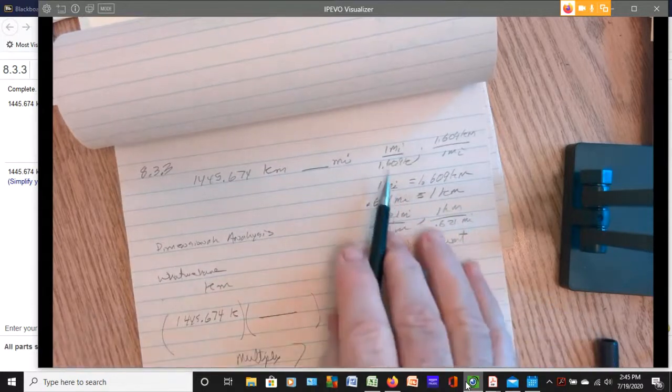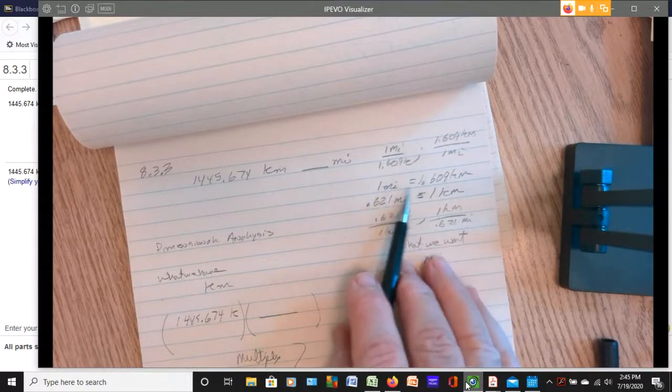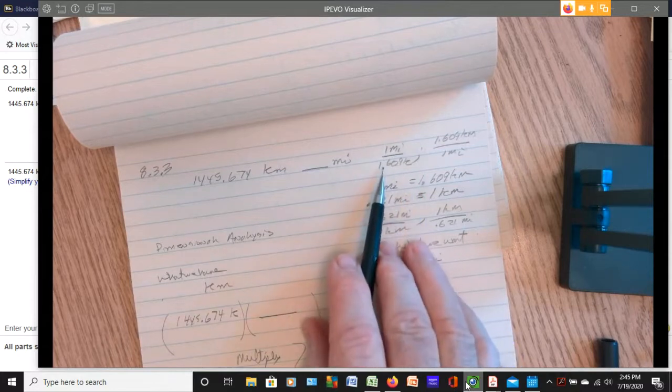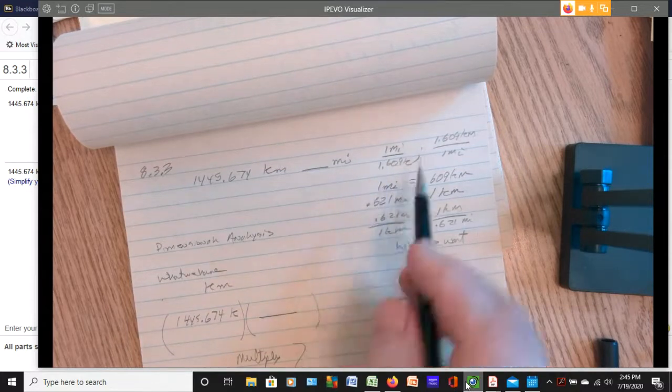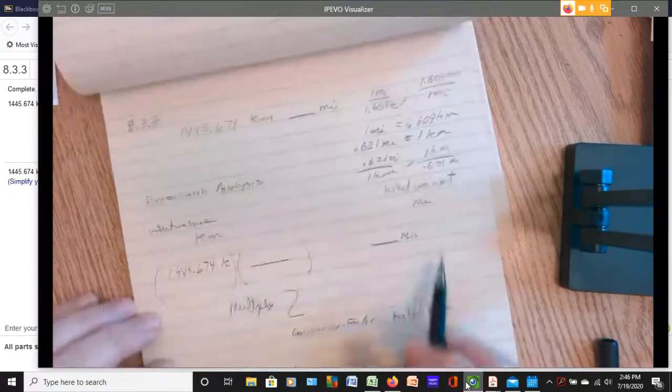Now, all I've done is give you some different formats for writing the same information. 1 mile still equals 1.609 kilometers, and 1.609 kilometers still equals 1 mile, and so forth.